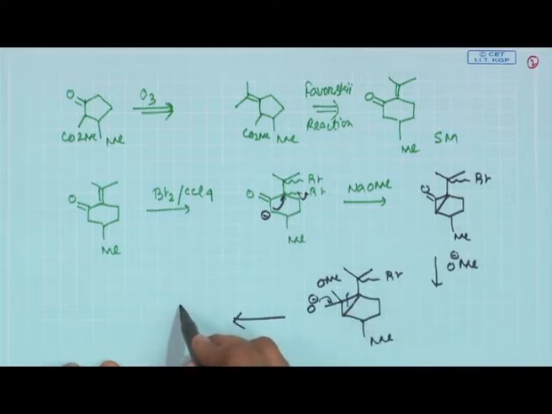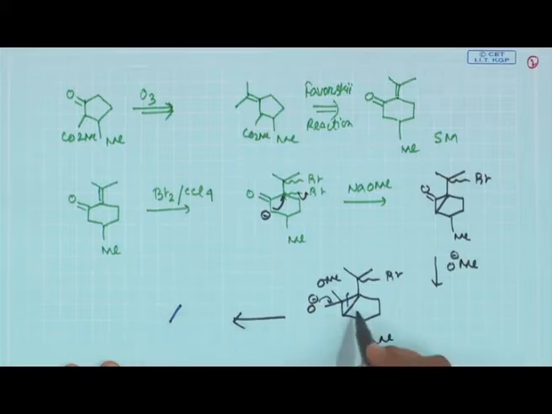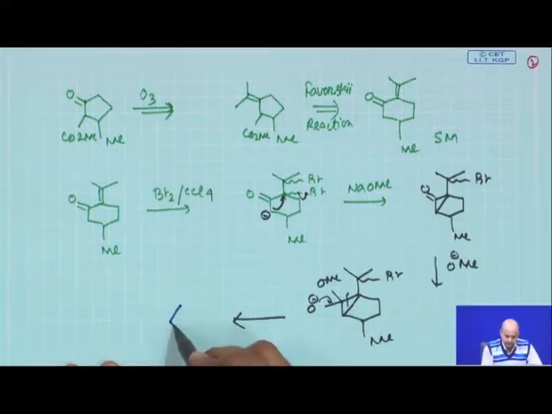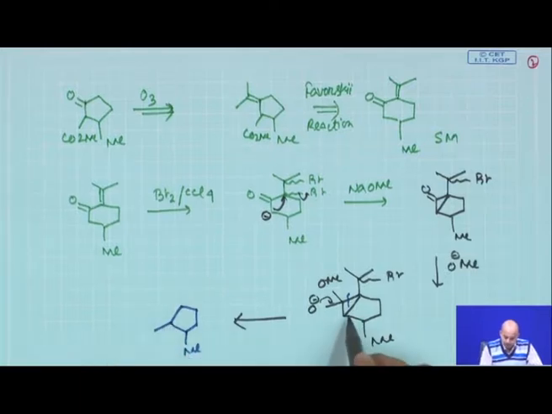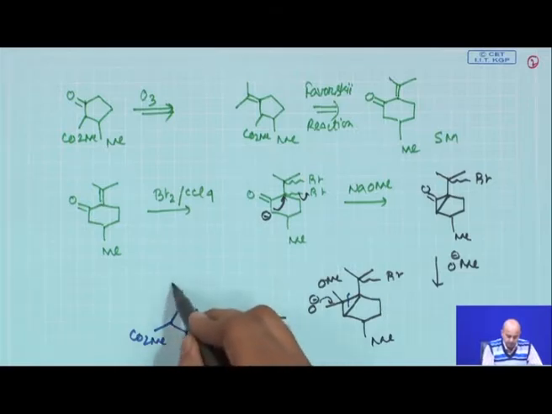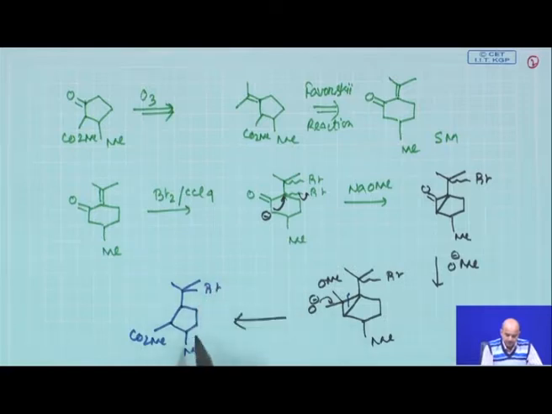So, we will try to put the cyclopentane in this way, the methyl is here, and after this cleaving it basically gives you methyl and CO2Me now coming adjacent, and after this particular bond cleavage you have this negative here.